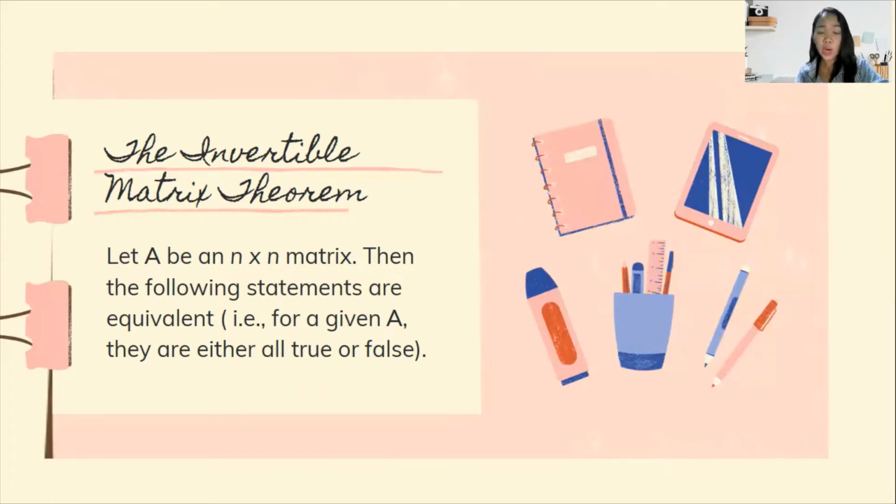If the statements are all true, then you are in the non-singular matrices, which are invertible. And if the statements are all false, then you are in the singular matrices, which are non-invertible.